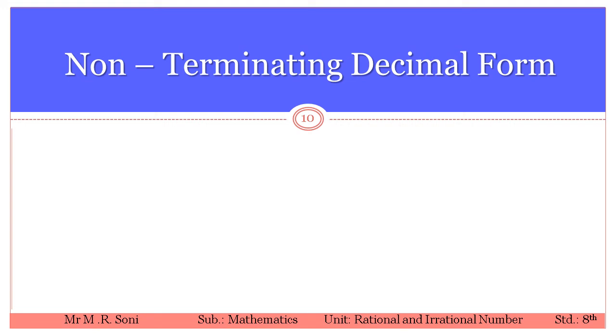A few digits keep repeating as the answer becomes endless. For example, when we divide 7 by 3, we get the result 2.333 and so on.